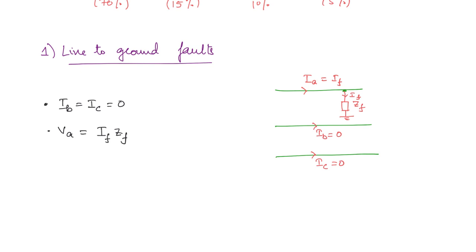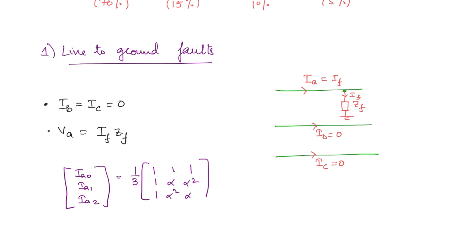Now we can take the symmetrical components of current. So what will that be? IA0, IA1 and IA2. These are the symmetrical components. So A inverse into original phasors. A inverse we can write as 1 1 1, 1 alpha alpha square, 1 alpha square and alpha. And here the original phasors.